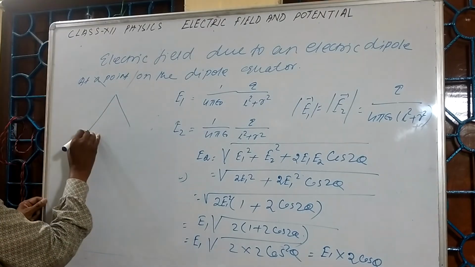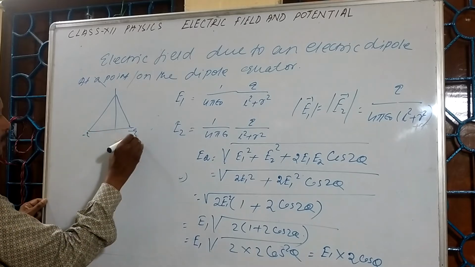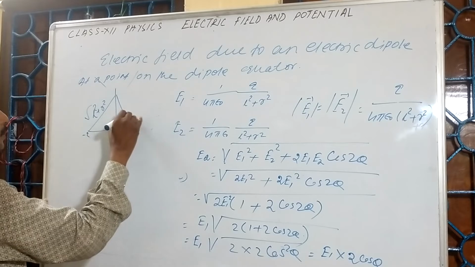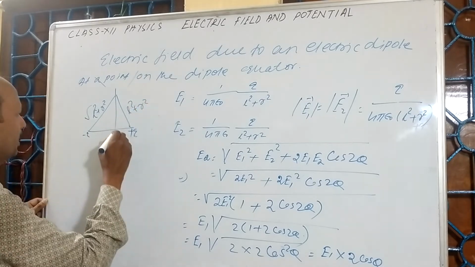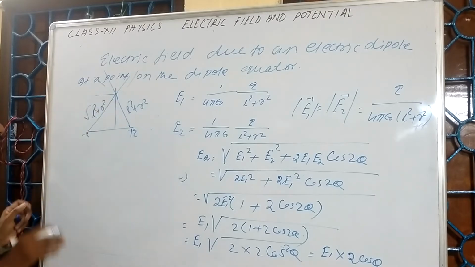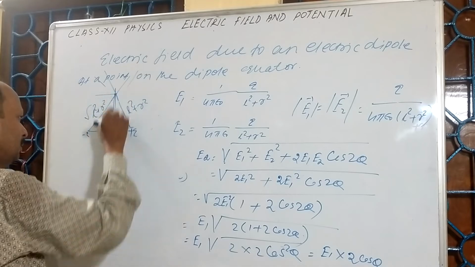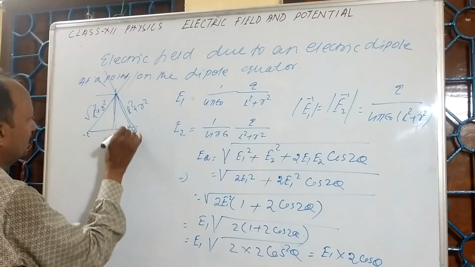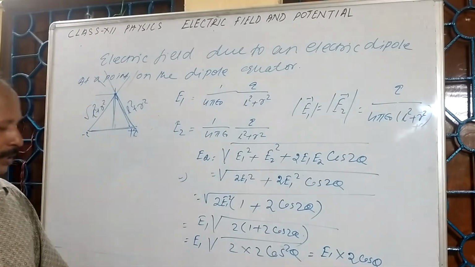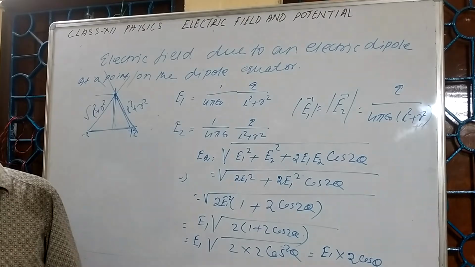Okay, minus q, plus q, this distance is L square plus R square, this is L square plus R square. So this is the direction. It is necessary, that's why I drew it once again. So this is an isosceles triangle. So in this case, E1 into 2 cos theta.